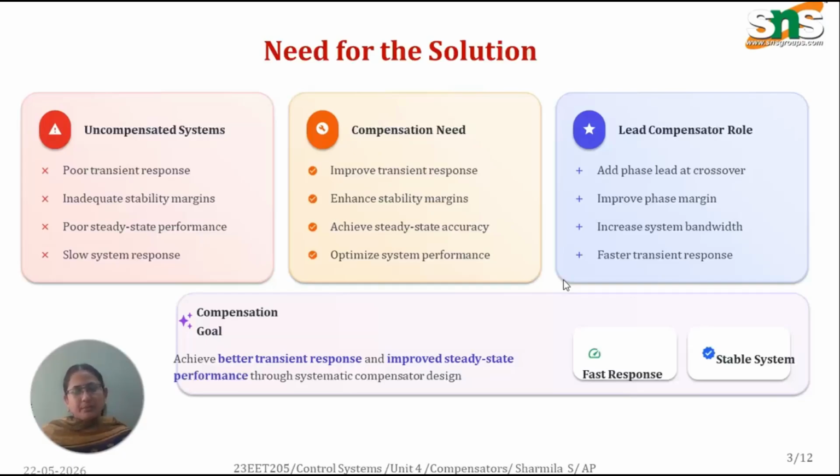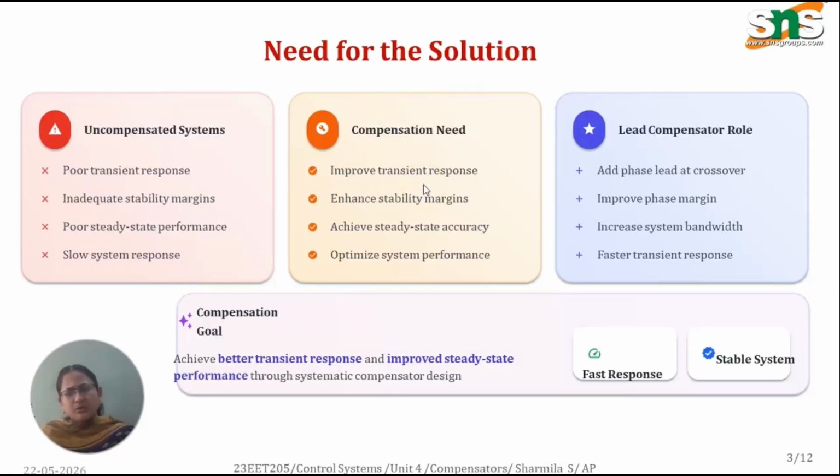The need for compensation: an uncompensated system usually suffers from poor transient response, inadequate stability margins, poor steady-state performance and slow system performance. To overcome these problems, compensation techniques are introduced.